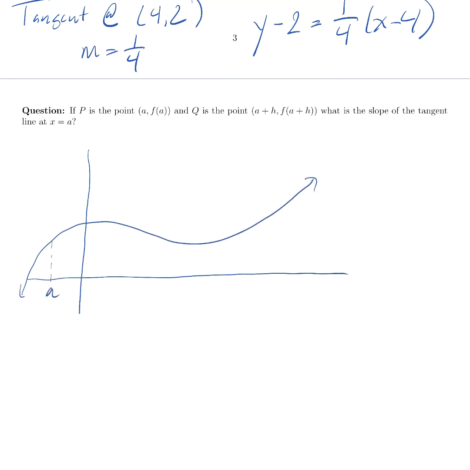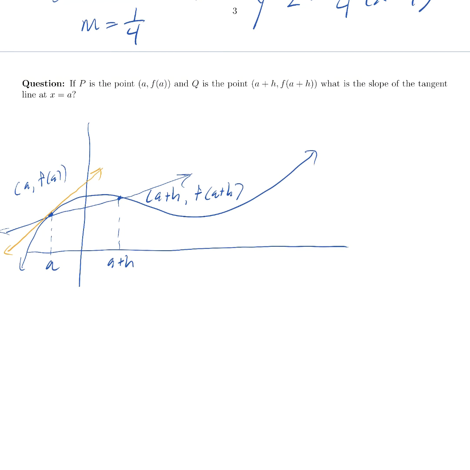And we're starting at some point a, comma, f of a. Here's another point, which on the x-axis is a plus h. So this is the point a plus h, comma, f of a plus h. And we're going to use this secant line to help us find the equation of this tangent line.